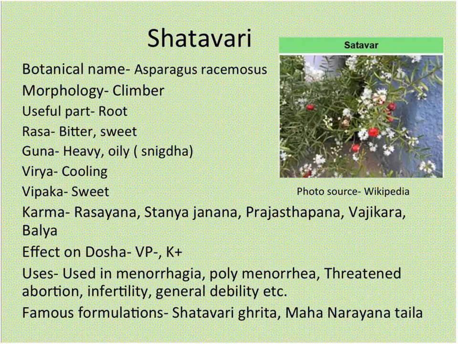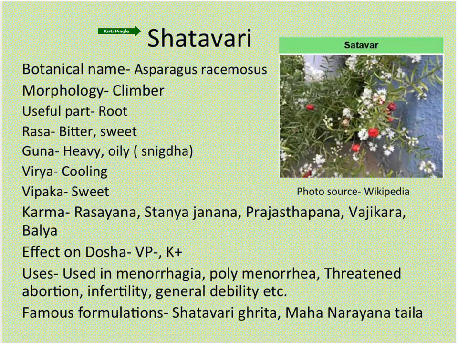Then the next herb is Shatavari. Its botanical name is Asparagus racemosus. Shatavari means, Shata means 100, and Vari means wives. One who can please 100 wives is called Shatavari.